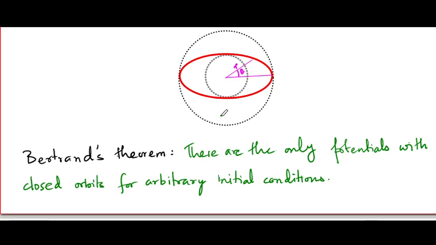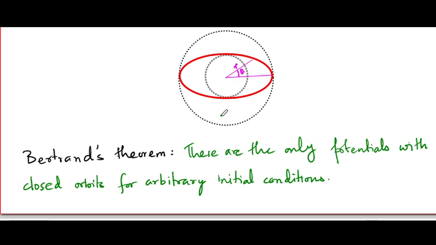This actually brings us to a very, very important theorem. We will only indicate a part of the proof today and do a more general proof later on. The theorem is actually rather amazing. It says that these two potentials, kr square and minus k by r, are the only potentials with closed orbits for arbitrary initial conditions.